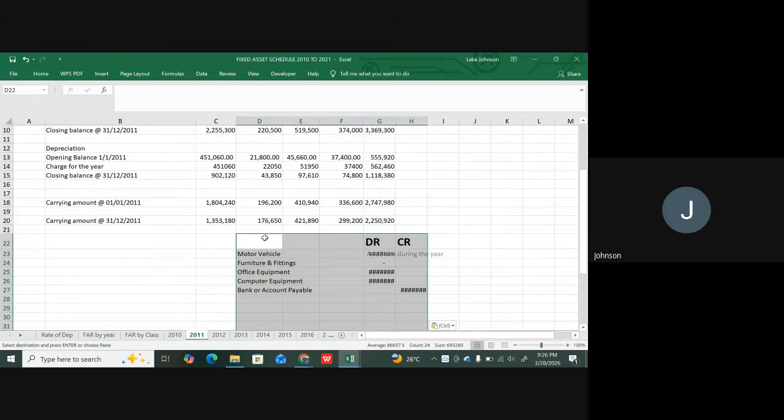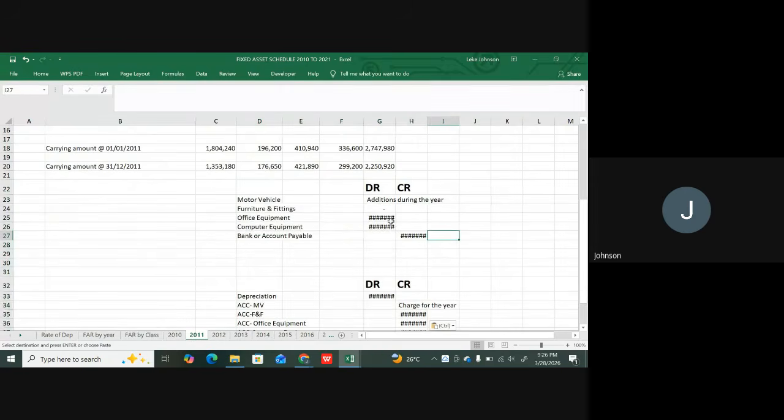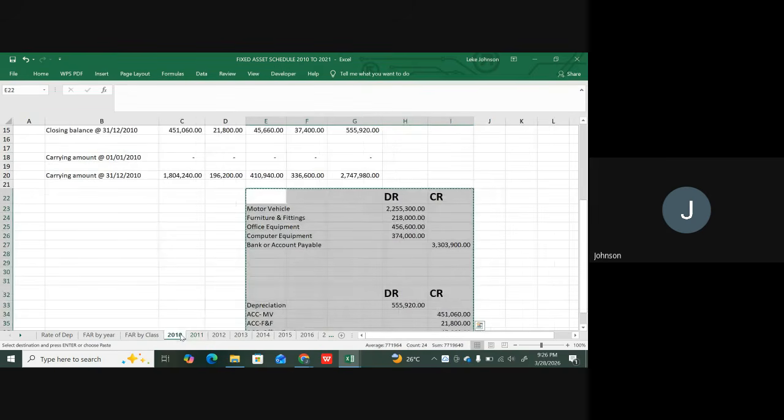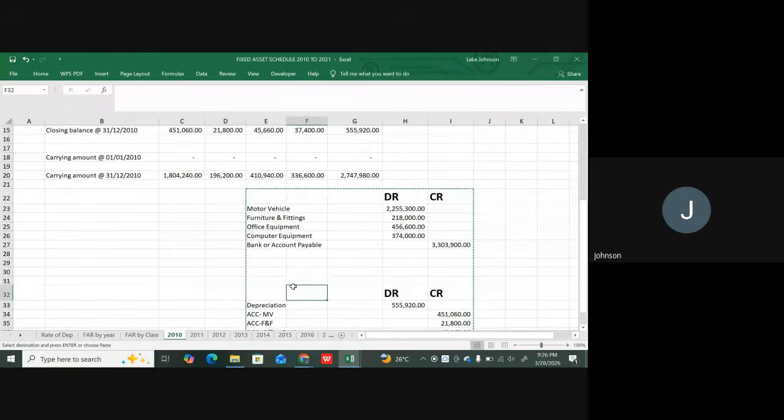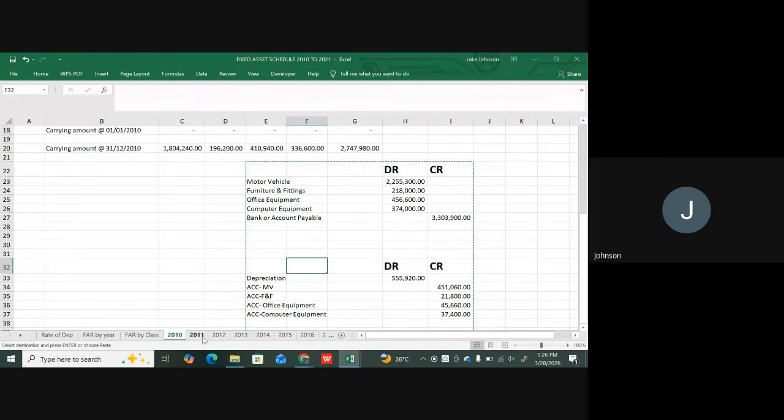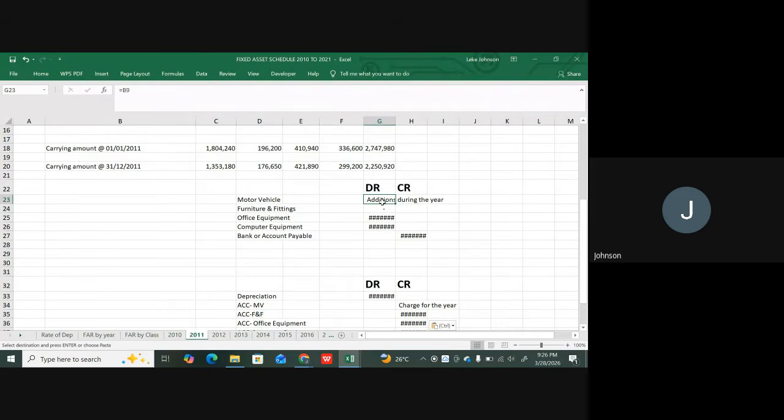Control V. Wait till I'm coming. Why is it copying like this? Okay, so I copied this and I brought it here. Let me delete this. Yeah, so this is what I want to do.